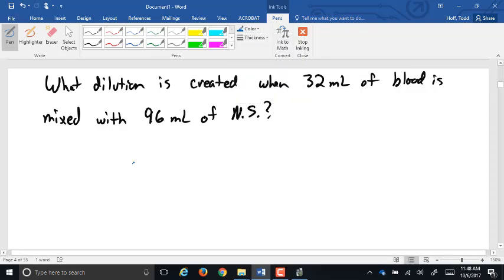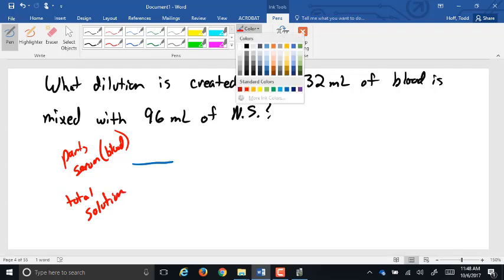So now again, our dilution ratio would be parts of serum, in this case blood, to total parts solution.